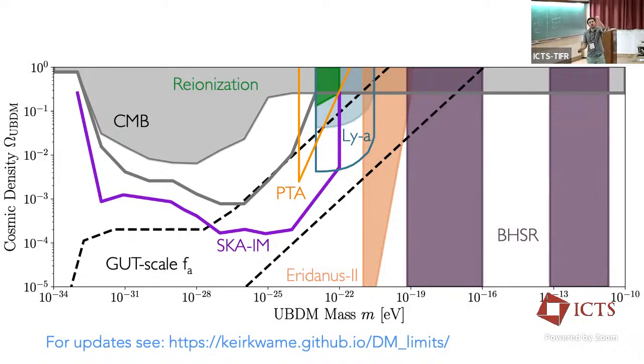If you make the initial field value close to pi in the cosine, that's when the relic density formula changes a lot. But it also changes these limits here. If the initial field value is on the top of the cosine, then the curvature of the potential is negative. When the curvature of the potential is negative, the equation of motion is unstable, so the perturbations grow.